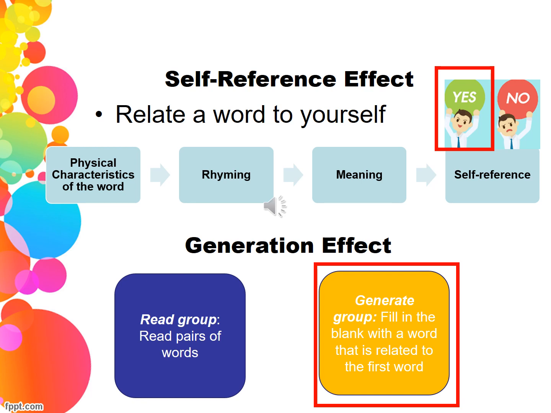Then we go for meaning, which is deeper processing. But if you want better memory performance on this word, you can refer it to yourself. So Eric and his team were trying to demonstrate this self-reference effect.